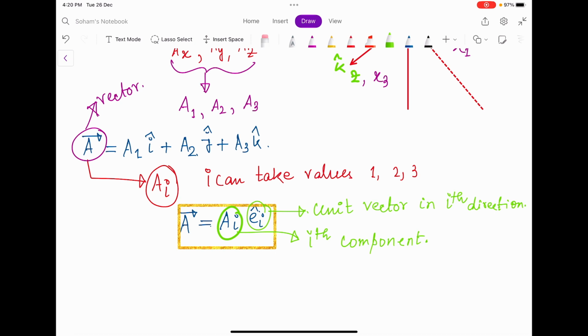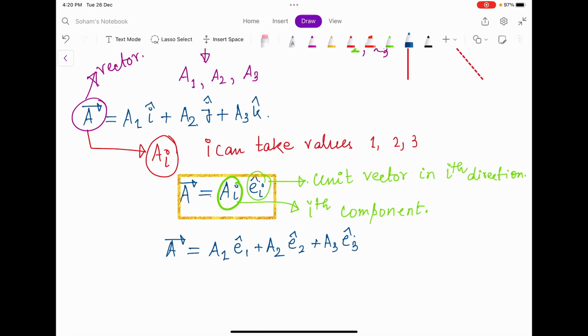So how can we write A? If ei cap is the unit vector in the ith direction, then in full form A is equal to A1 E1 cap plus A2 E2 cap plus A3 E3 cap. This E1, E2 and E3 are essentially i cap, j cap, k cap.